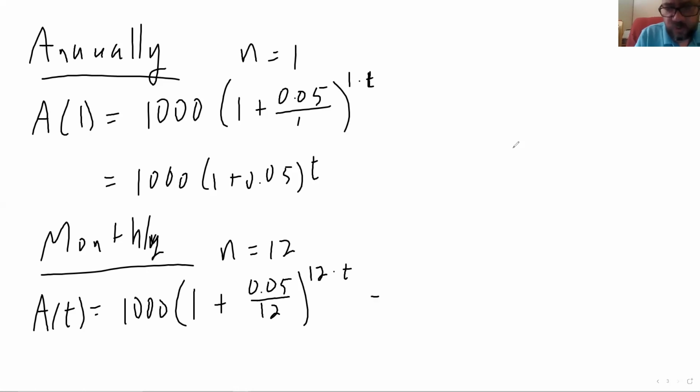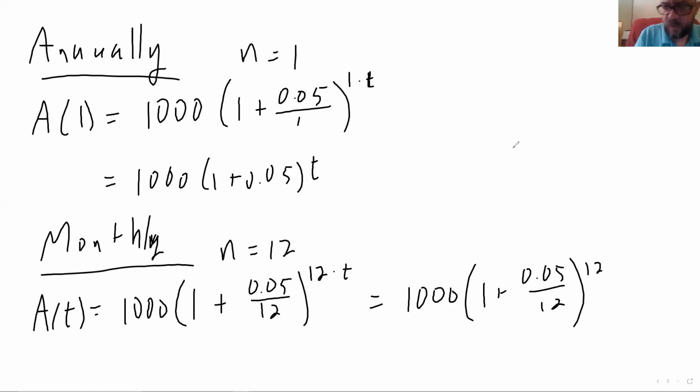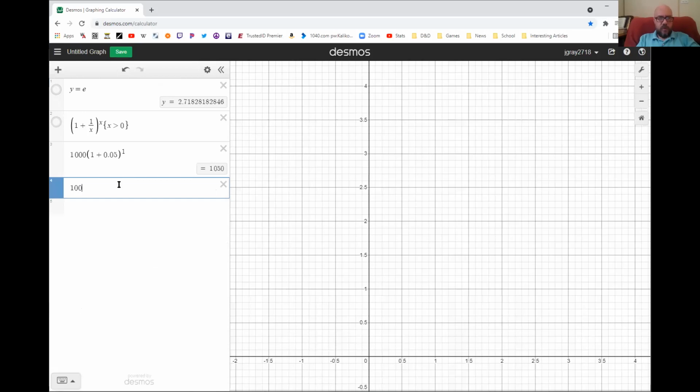So this is going to be 1,000 times 1 plus 0.05 over 12 to the 12th power. What we're getting is a 12th of the 5%, 12 times a year. So about 5% at the end, but you're going to see that it's actually not quite the same, although it is close.